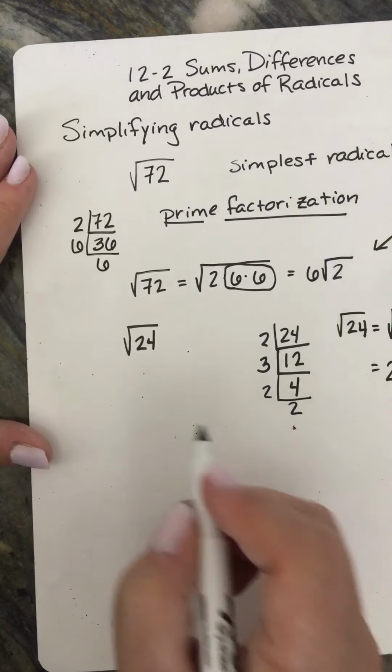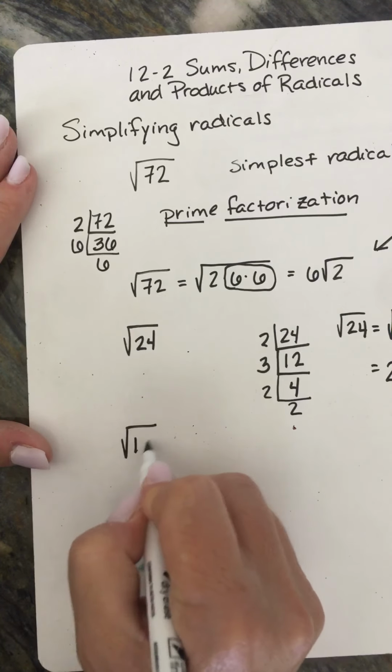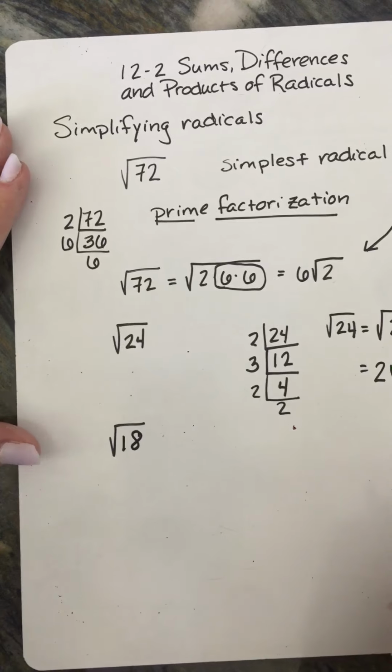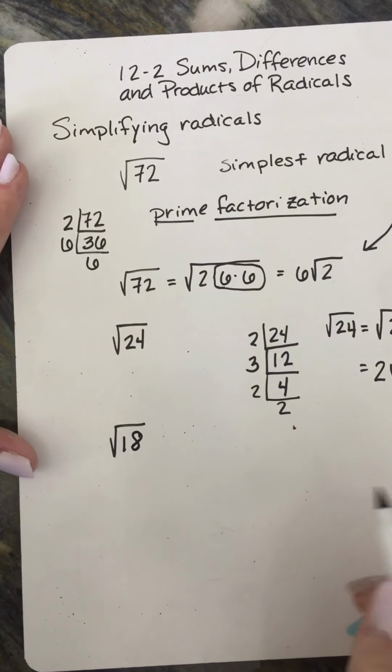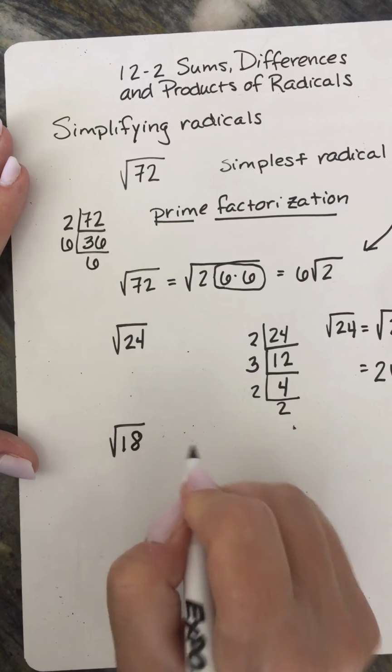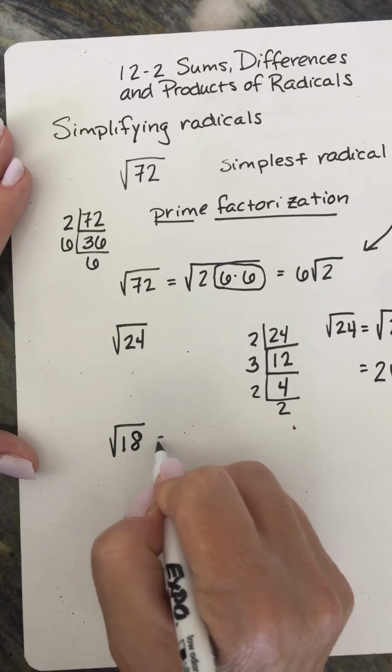Let's try one more just to see if we've got this. Square root of 18. Write that in simplest radical form. I'm going to give you a chance to give it a try. You look down at your paper and work, and I'm going to write it out. And then when you're done, you look up, just like we do in class.